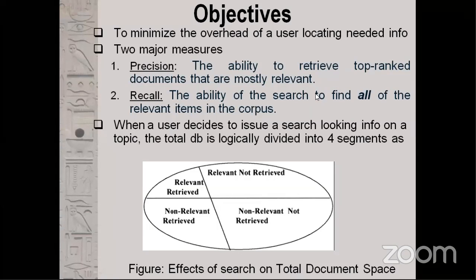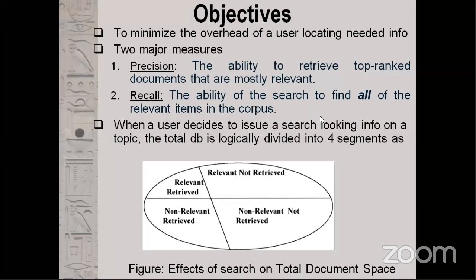One is relevant and retrieved. Another is relevant, not retrieved. Then non-relevant, retrieved, and non-relevant, not retrieved. Like that, your data may be divided into these 4 segments.